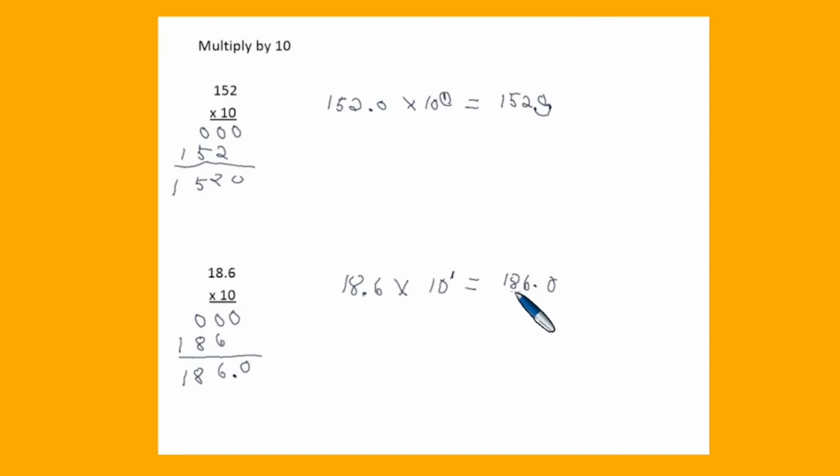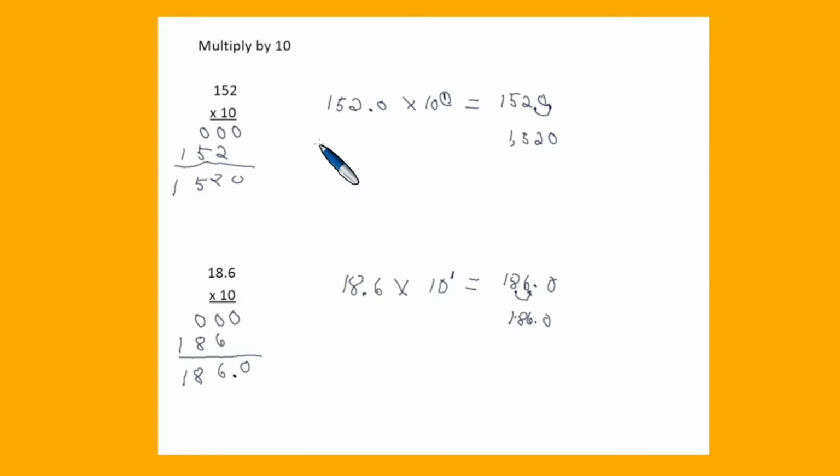And we can see that what we did is we took the decimal place that was at 18.6 and moved it one place to the right. So here that gives us 186.0. And up here that gave us 1520.0.